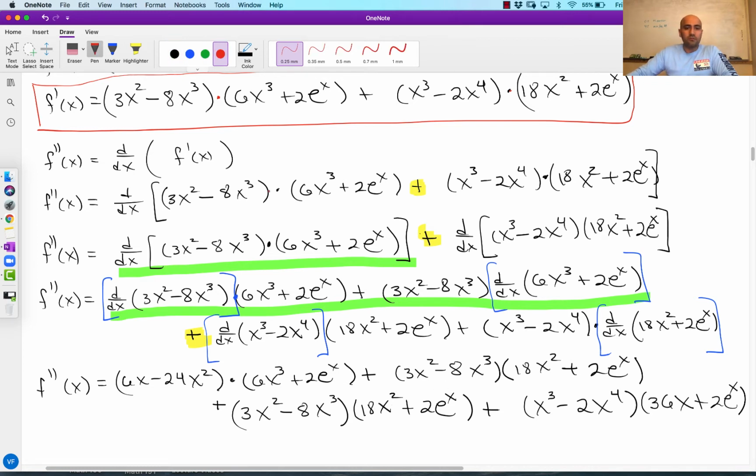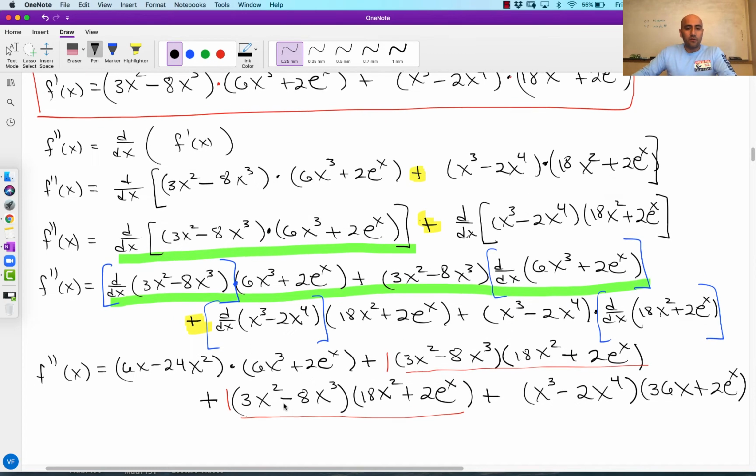This whole complicated thing and this whole complicated thing are identically the same. There's one copy of that one, and one copy of that one, and we're adding them. So I can bring those two together and say that there are two copies of those.